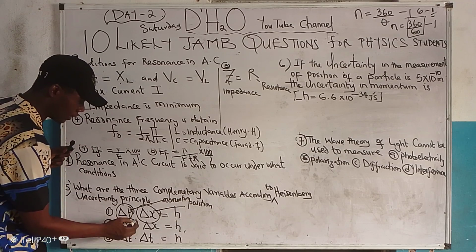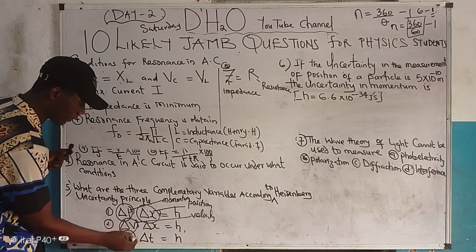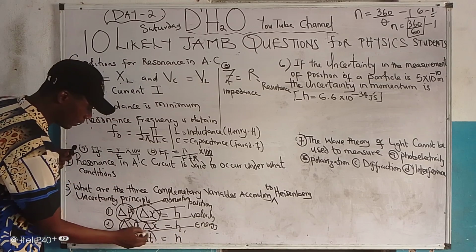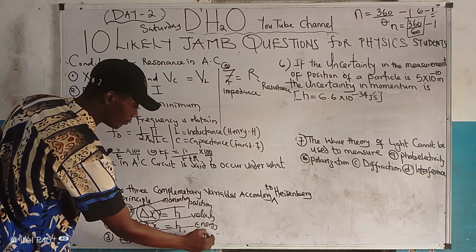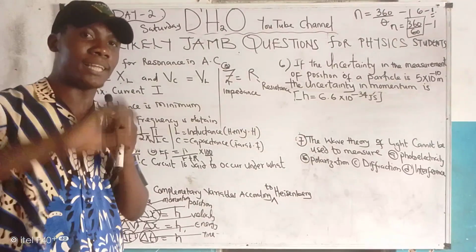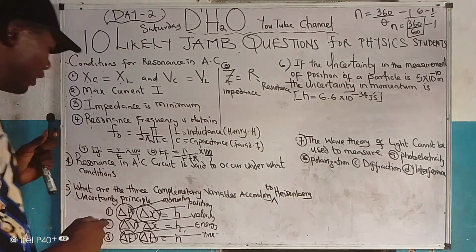This one is velocity. While this one is energy. And finally, this one is time. That is what we call the complementary variables. So it's either momentum and position, velocity and position, or energy and time.